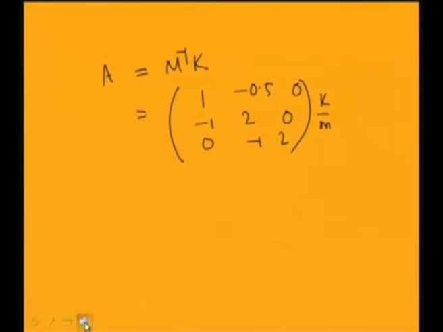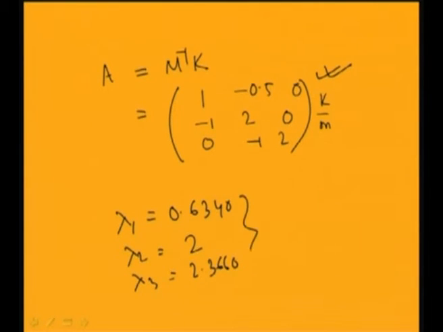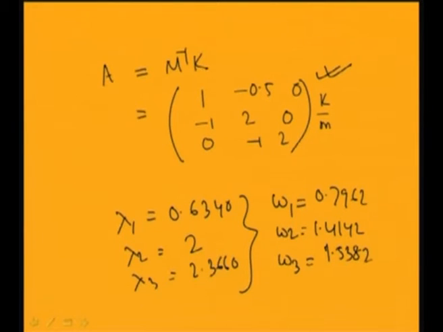From this you can find the eigenvalues of this matrix. So you get lambda 1 equal to 0.6340, lambda 2 equal to 2 and lambda 3 equal to 2.3660, or the corresponding omega 1 equal to 0.7962, omega 2 equal to 1.4142 and omega 3 equal to 1.5382.